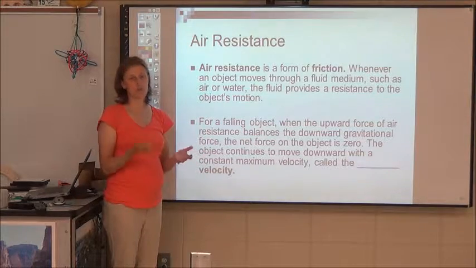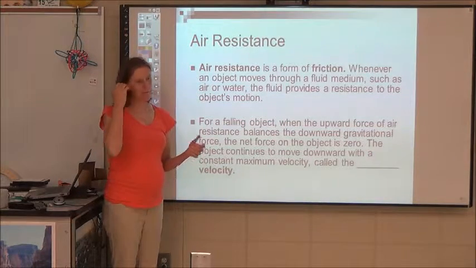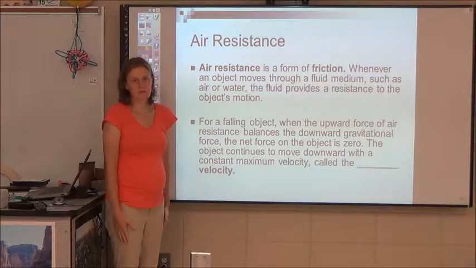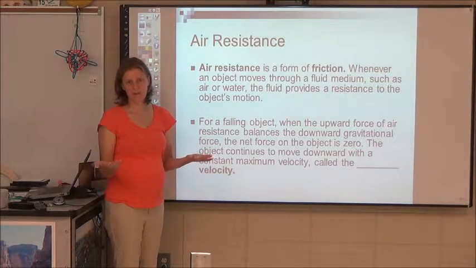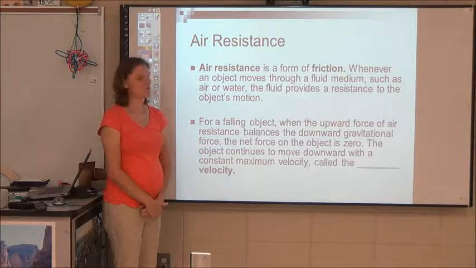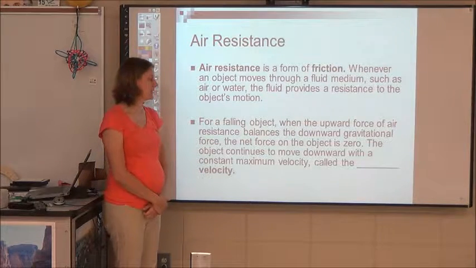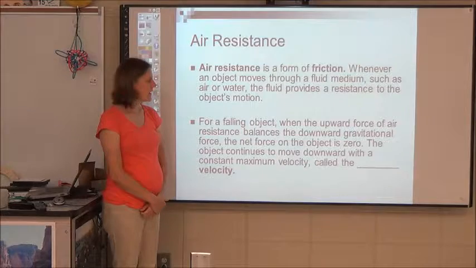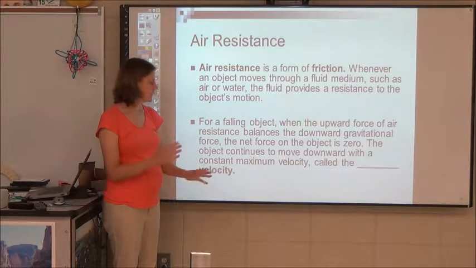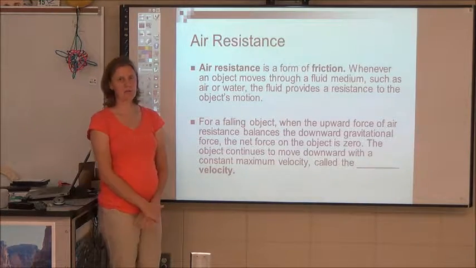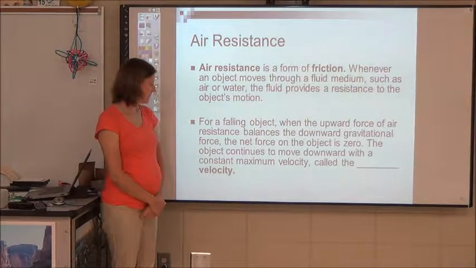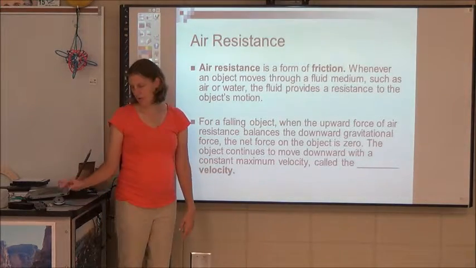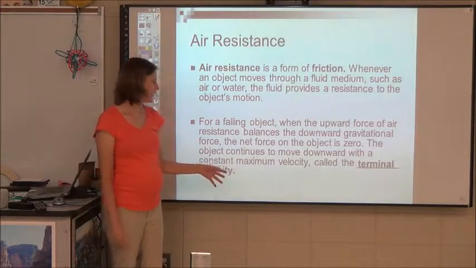Skydivers reach terminal velocity based on their weight, their shape, how aerodynamic they've made themselves, whether they have a parachute or not, whether they pulled the parachute yet or not. But they will reach maximum velocity, let's say in the ballpark of 200 miles an hour for a typical skydiver who has not pulled their parachute yet. This is called terminal velocity.